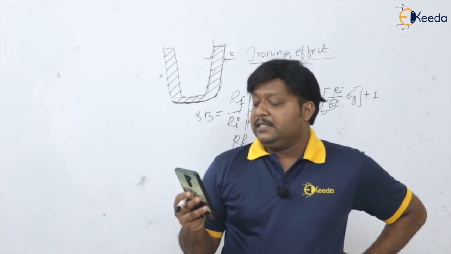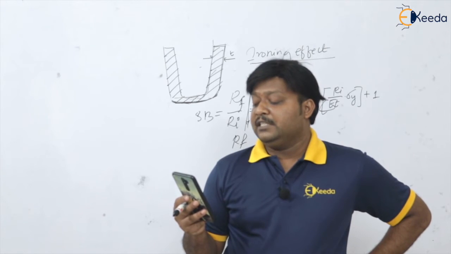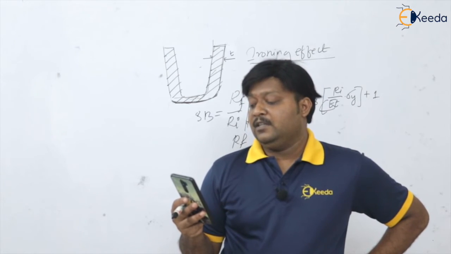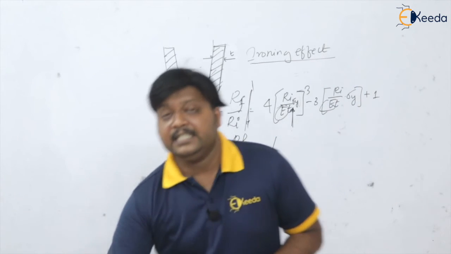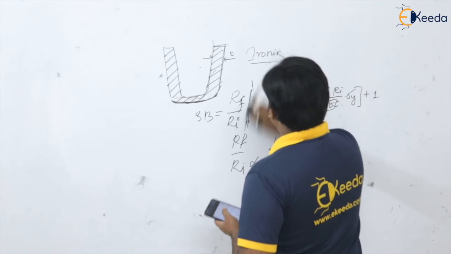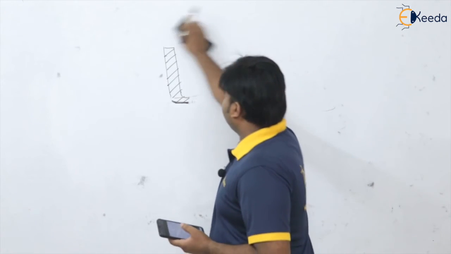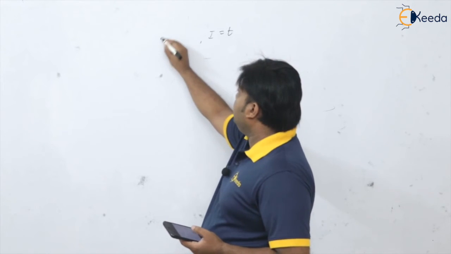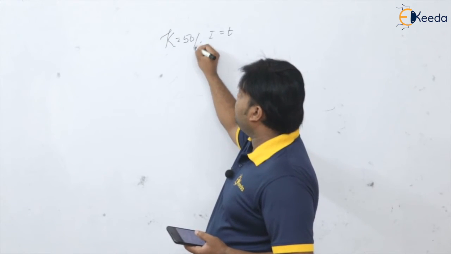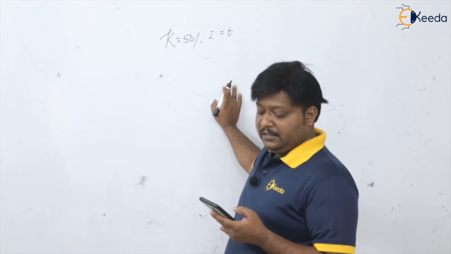For 50% penetration of the work material, a punch with a single shear equal to thickness will... okay, what is given? Penetration is given, that is 50%, and they are providing the shear I equal to thickness, whereas penetration K is equal to 50%. And they are asking what will happen to the punch load.